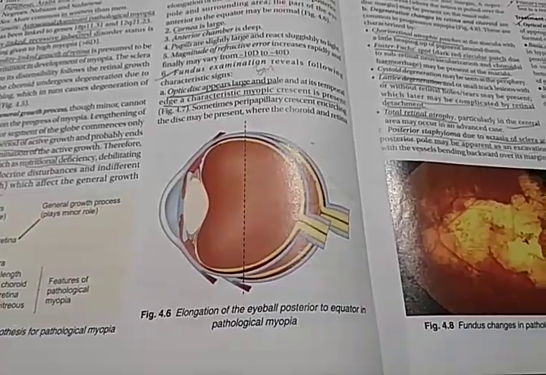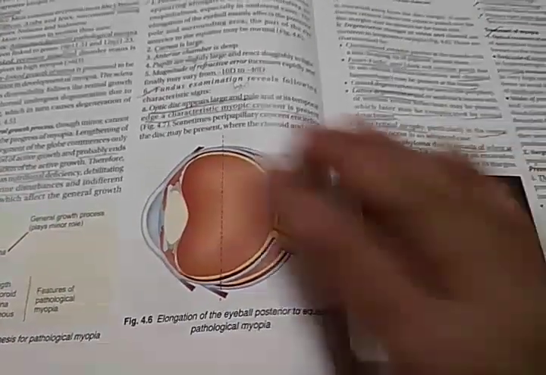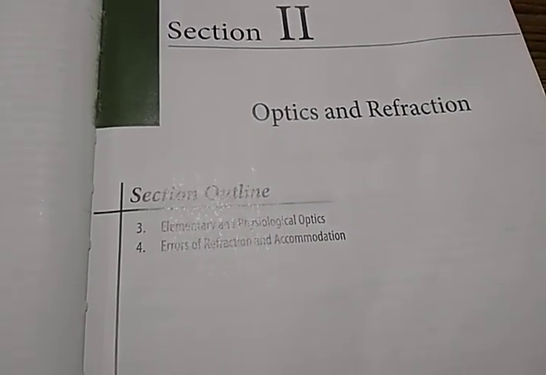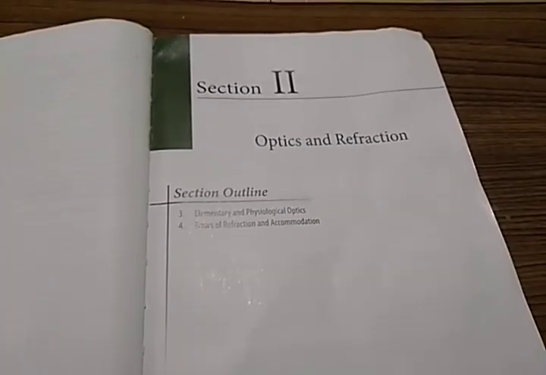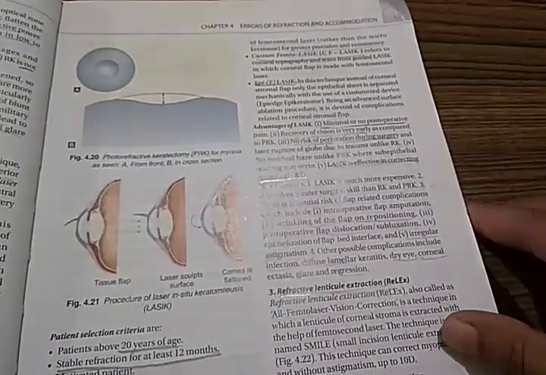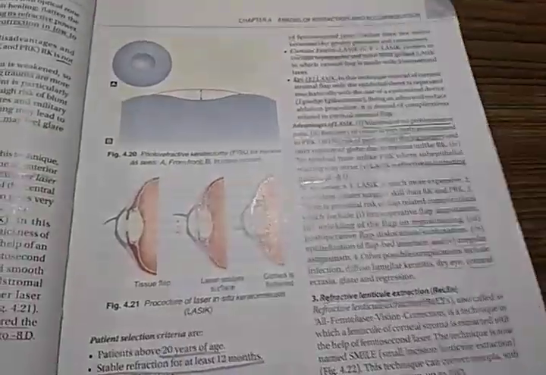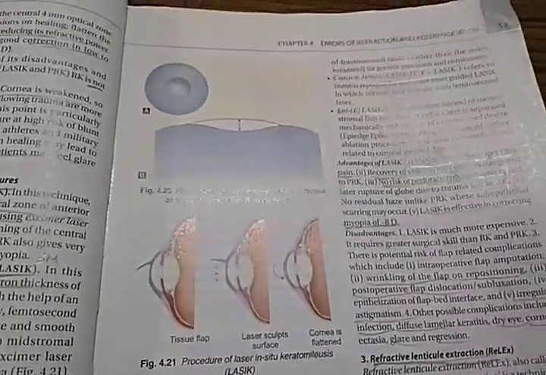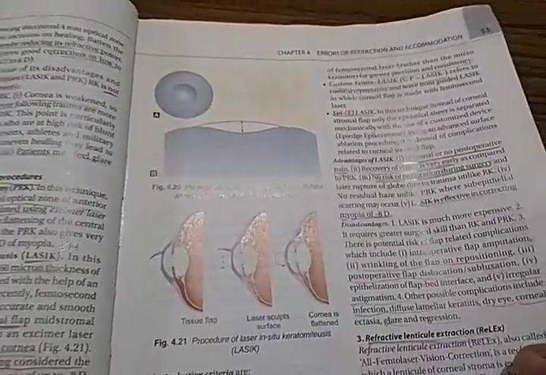Elongation of eyeball posterior to equator in pathological myopia. Here they're talking about refractive errors, right? So errors of refraction, myopia, hypermetropia, astigmatism, etc. This is the procedure of LASIK, that is laser in situ keratomileusis, how they do it. So they raise a flap and then they are trimming the corneal surface and closing the flap.